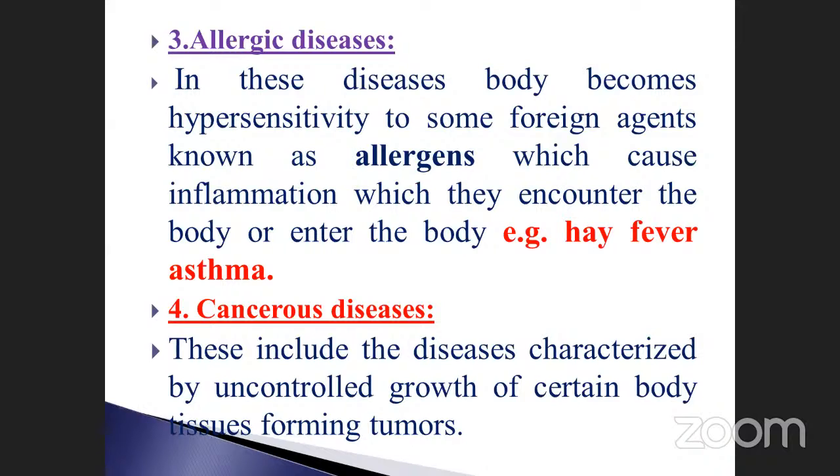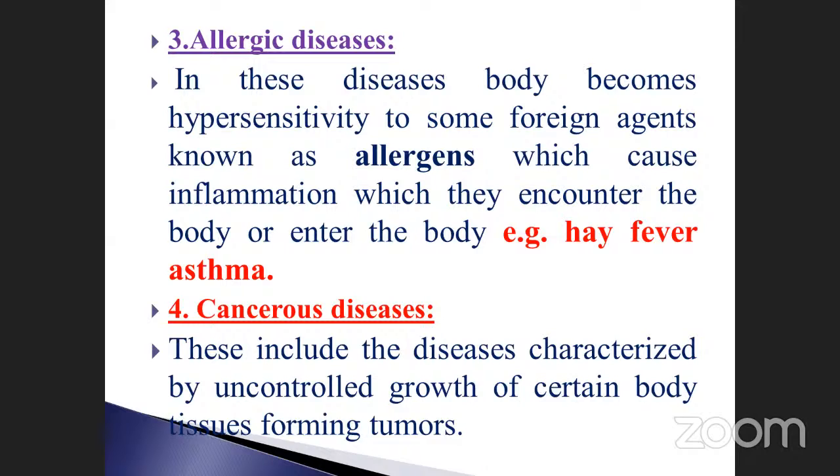Okay, so the next one is allergic disease. Already discussed. What is allergy? Allergy means the mast cells already contain histamine. So when you take antihistamine drugs, then only the allergy is controlled. It is not completely curable because it is only partial, that means temporarily prevented. In this disease, the body becomes hypersensitive to some foreign agents known as allergens, which are particles responsible.